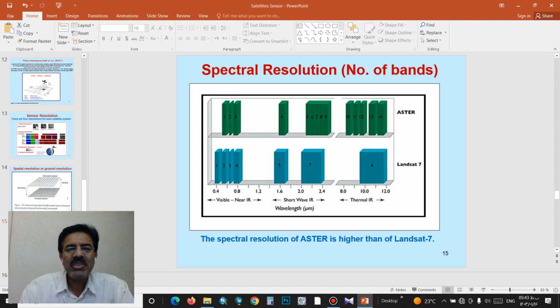This slide is showing Landsat 7 and ASTER number of bands. For example, the ASTER sensor has 14 bands and Landsat 7 has 7 bands. So the spectral resolution of ASTER is higher than that of Landsat 7.